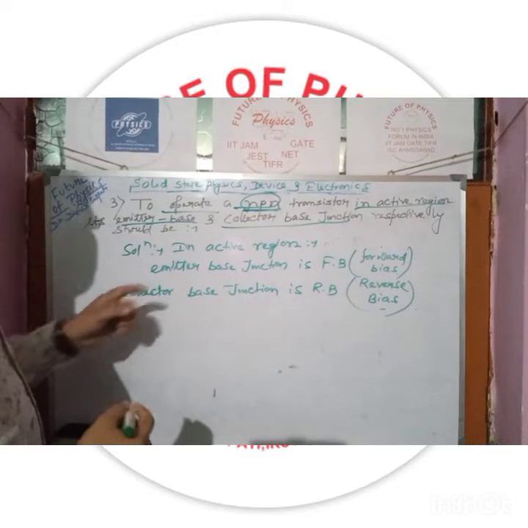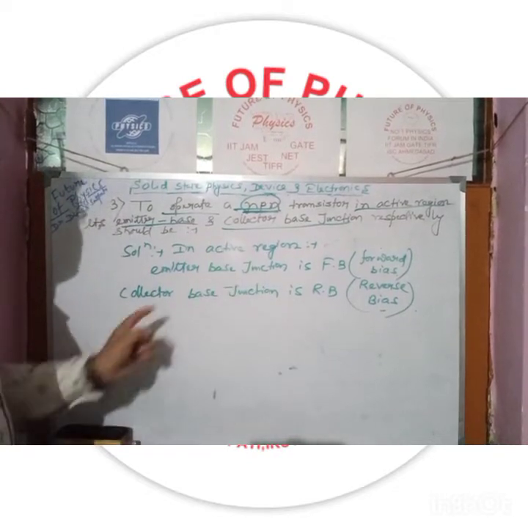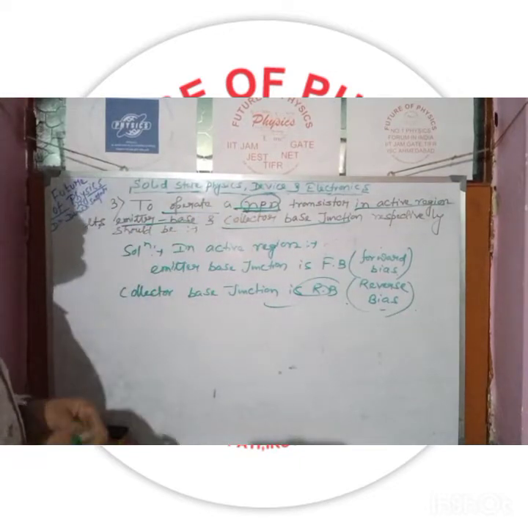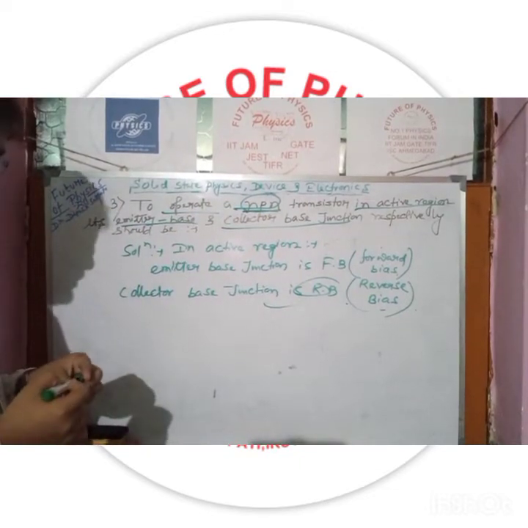In active region, emitter base junction is forward bias and collector base junction is reverse bias, to operate an NPN transistor in active region.